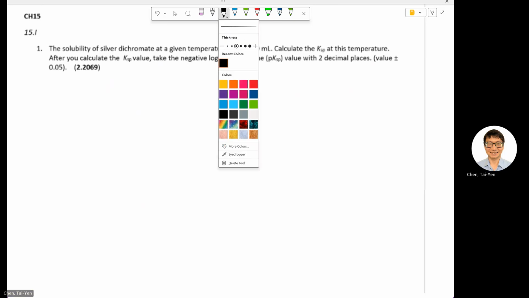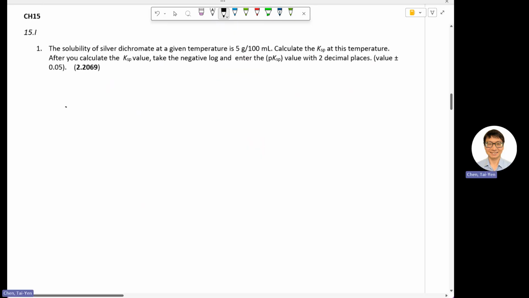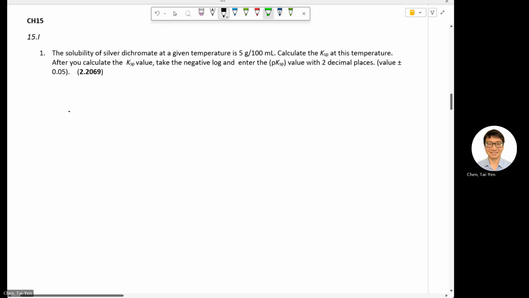What's the keyword? The keyword for chapter 15 is super simple: Ksp. Every time you see the keyword Ksp, it is a chapter 15 question.